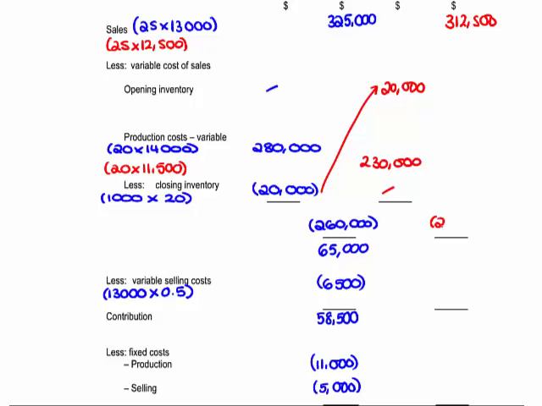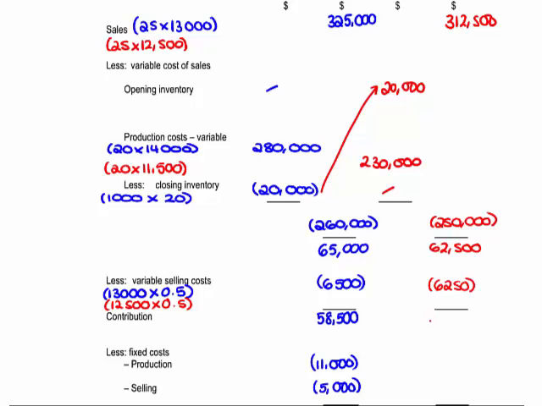So that means the cost of goods sold in year 2 was 250,000, giving us 62,500 when we take sales less cost of goods sold. Variable selling costs, remember, are based on the number of units sold, 12,500 times 0.5, so that's going to be 6,250.